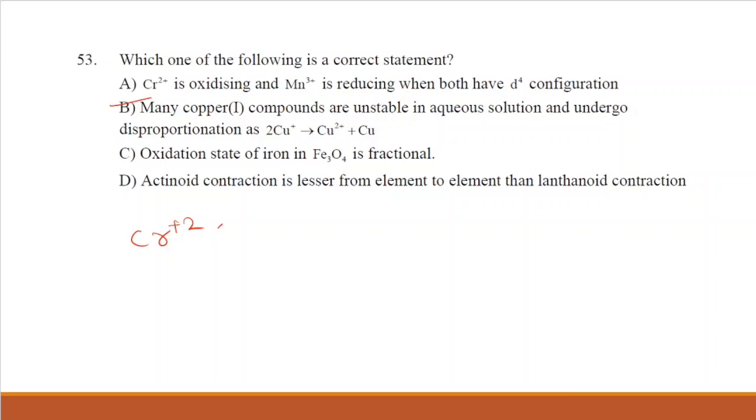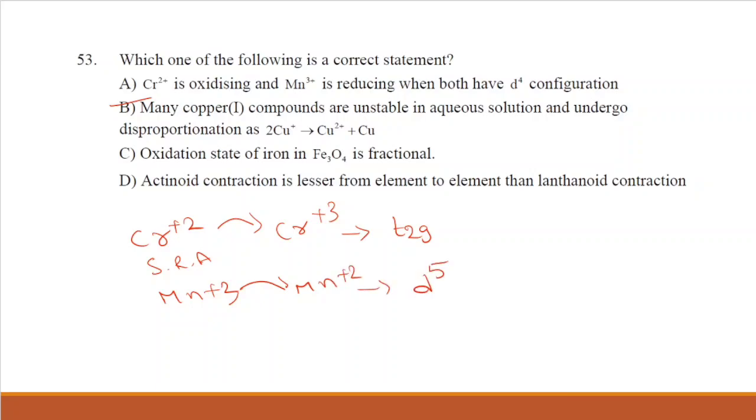Listen carefully. Cr plus 2 tries to convert into Cr plus 3 in order to get the stable t2g3 half-filled configuration. So it readily wants to undergo oxidation, meaning it is a strong reducing agent, but they have given oxidizing. So it's definitely wrong. And check Mn plus 3 also. Mn plus 3 wants to be in the plus 2 state to get a half filled d5 configuration.